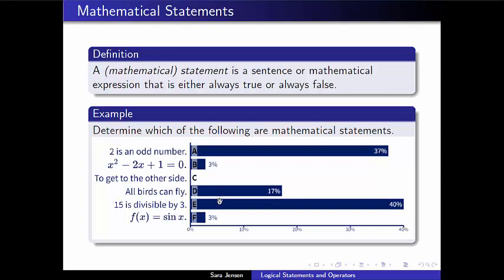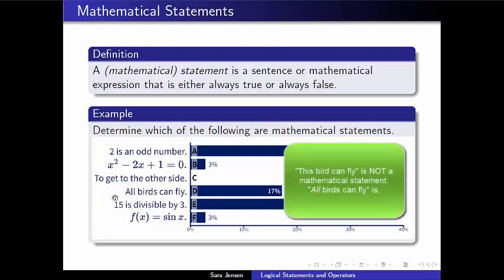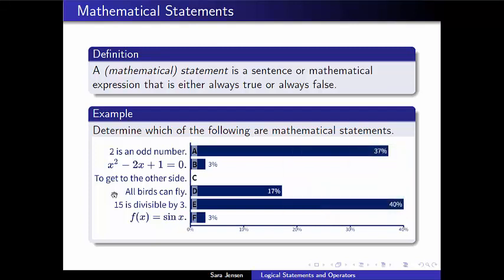So it doesn't have as strong of support, and it's really that quantifier, all birds can fly, that takes it from something that could be true, right? If we had the sentence, this bird can fly, that would not be a mathematical statement. That would be an example of a single sentence that is sometimes true and sometimes false, depending on what bird you're talking about.